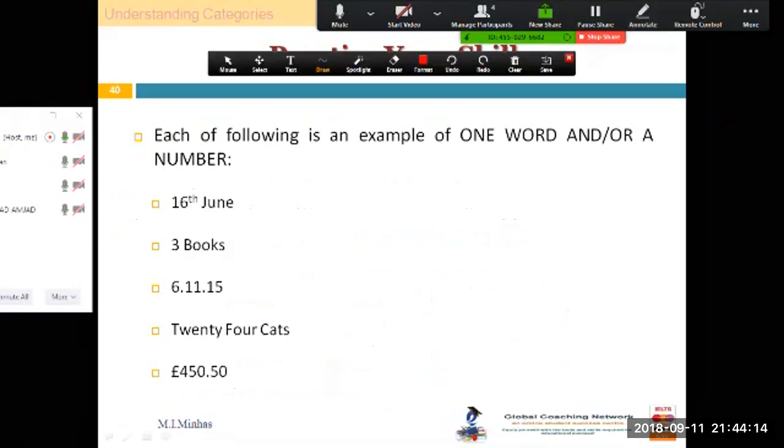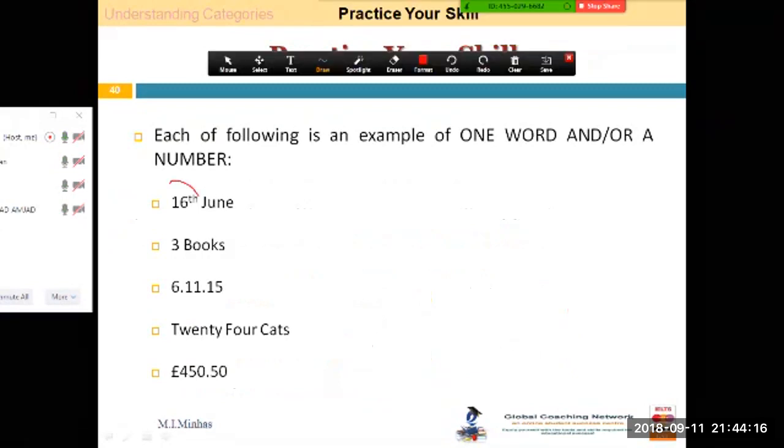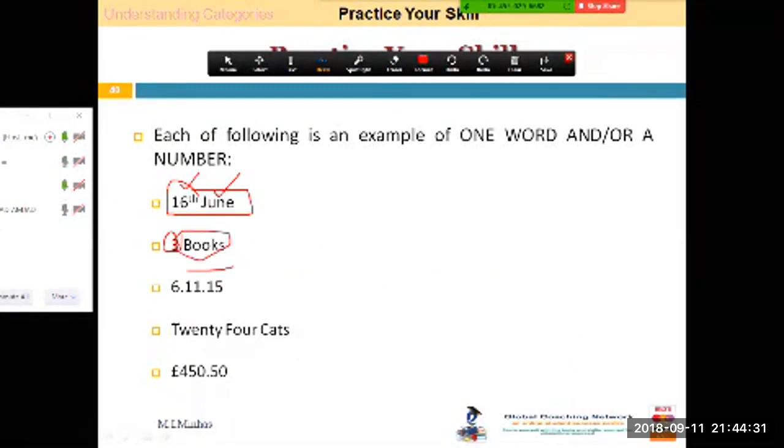Like, this is one word and or number. Generally, a date is taken as only one word. But even if I count it as a word and a number, 3 books, number, word. And this is a date, 6, 11, 15. So it will be counted only as one number.